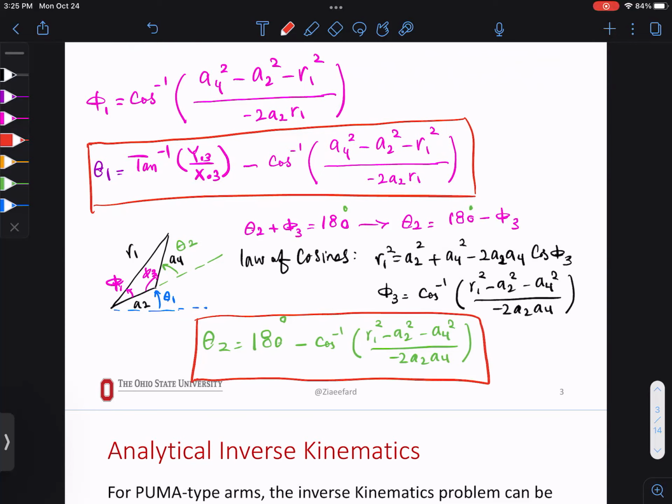Imagine I'm trying to grab the eraser with this robot, right? I know this position, x0, y0, z0. I can know what the joint angles are and then drive it.